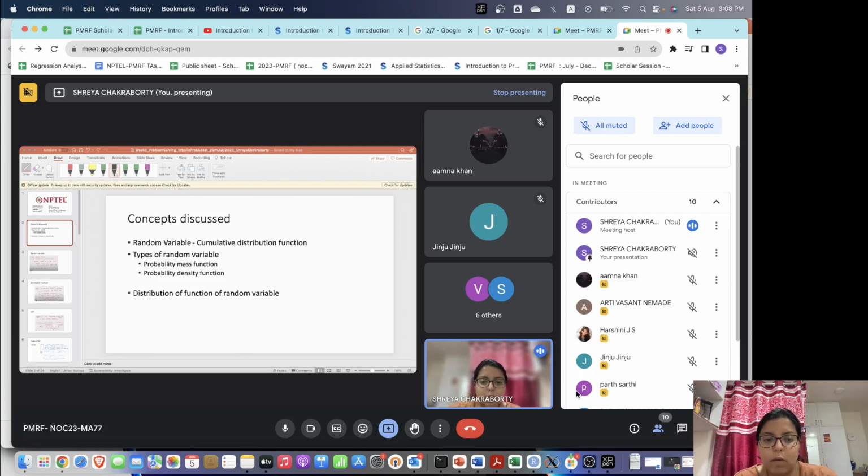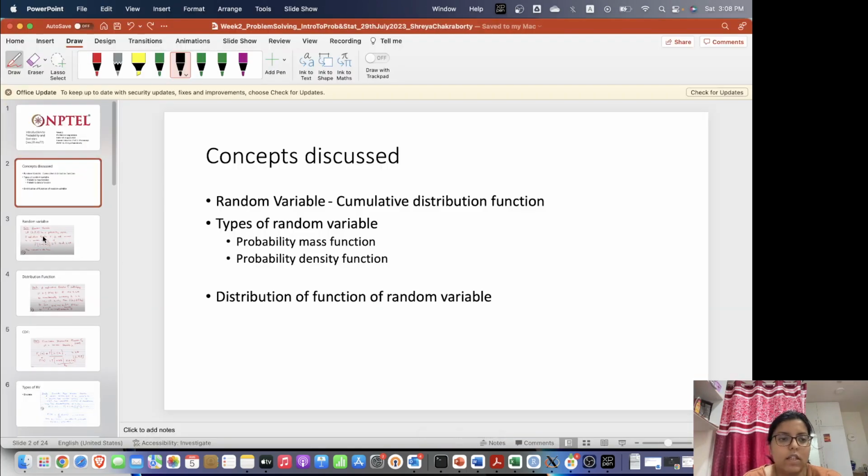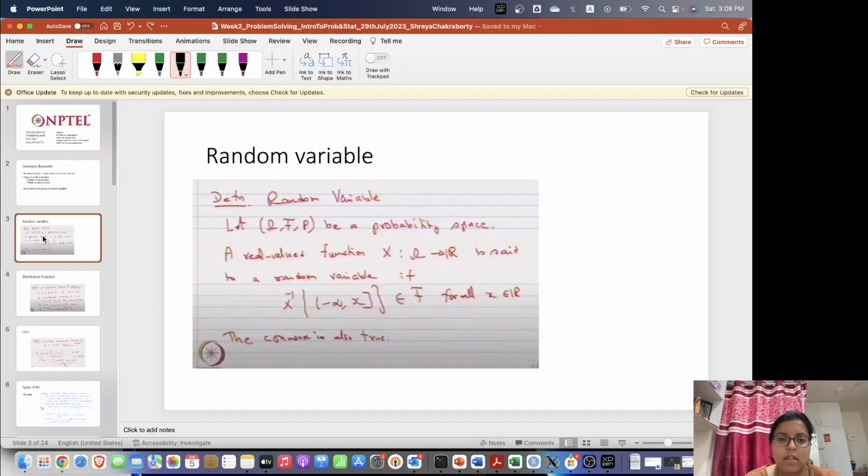What do we mean by a probability density function? And how can we define the distribution of functions of random variables? So these were the key concepts discussed in the lectures. I'll just brush up on whatever was discussed. If you have not been through the lectures, kindly go through them and then you'll understand better.